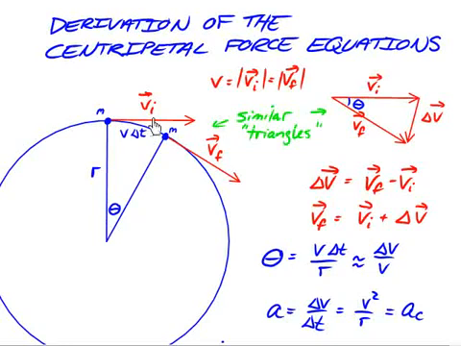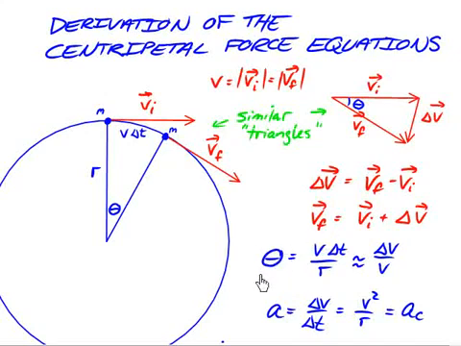So we have the far side divided by one of the sides relative to theta, the far side divided by the side, the corresponding sides. And that is the angle theta measured in radians.